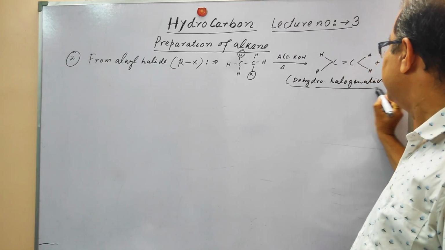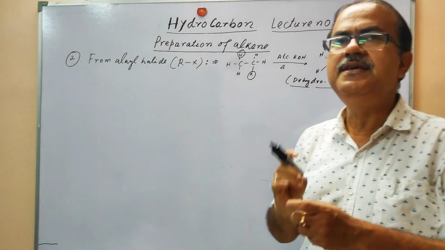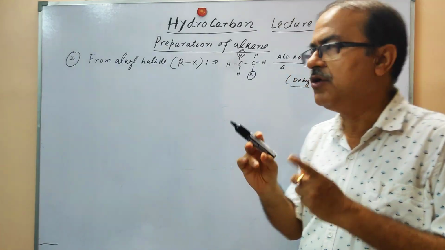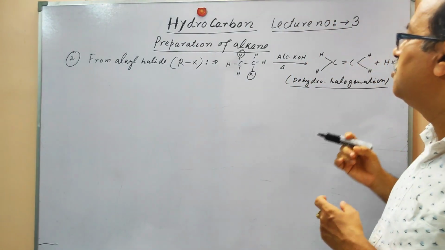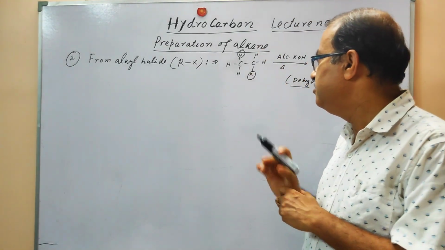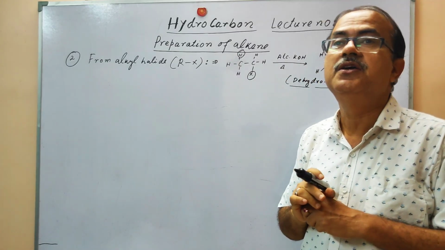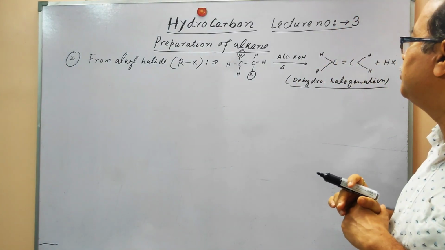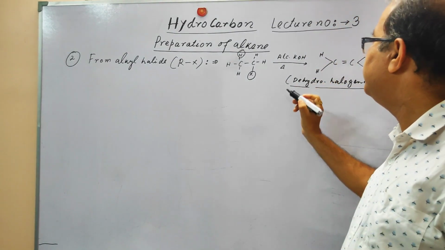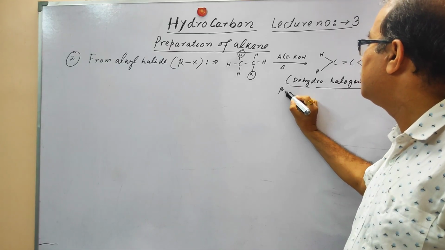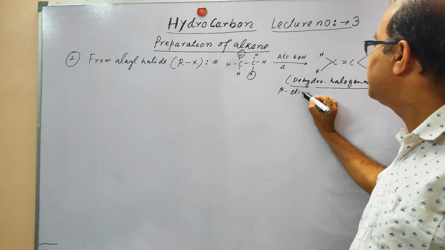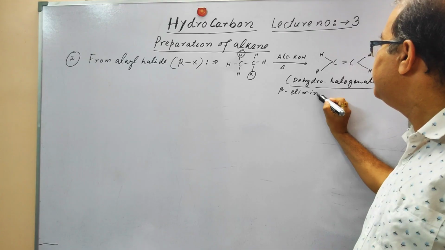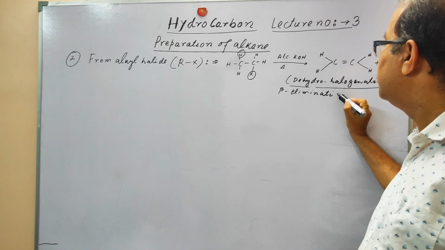This is also called dehydrohalogenation, where one molecule of halogen acid has been removed from this alkyl halide in presence of alcoholic KOH. There is another name of this reaction. It is also called beta elimination reaction. Why is it called that?